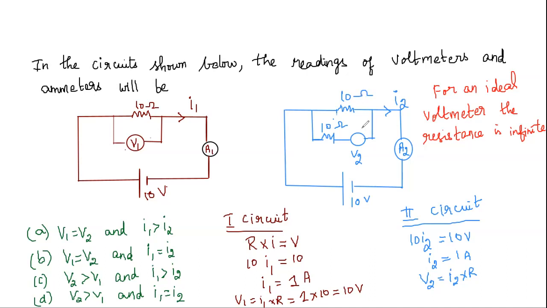Whatever potential difference is here, it will be applicable here also. So I2 is flowing here, so I2 into 10, that is 1 into 10 equal to 10 volt. So now V2 equal to 10 volt, I2 equal to 1 ampere.